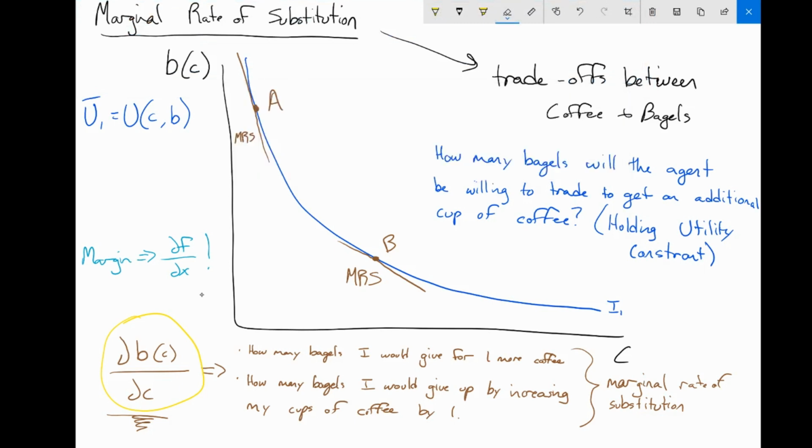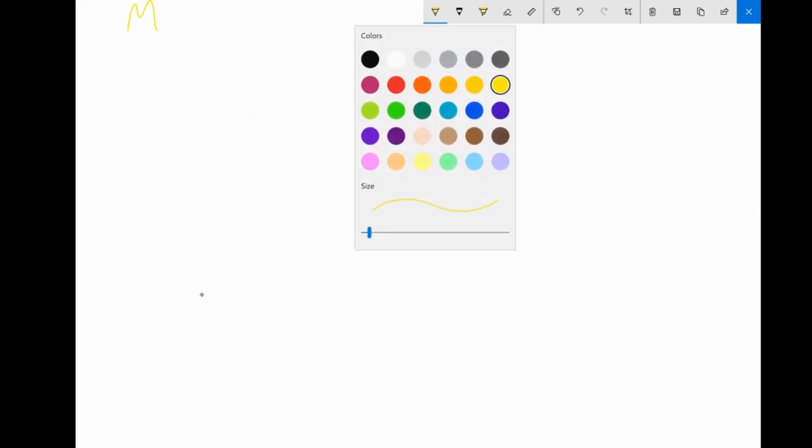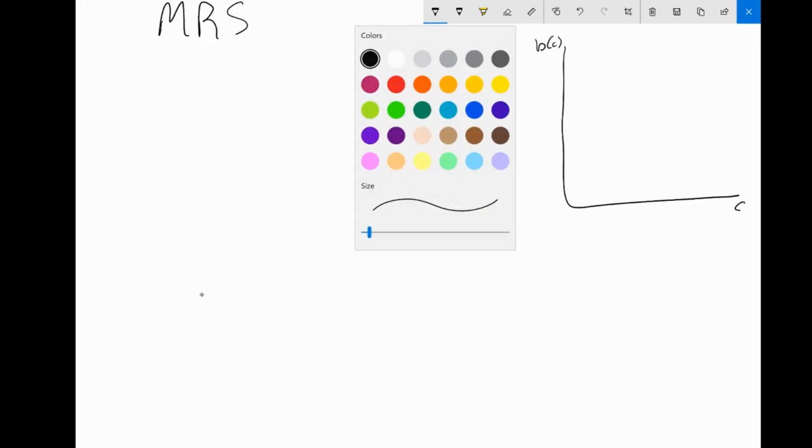All right, so then let's clear this off. Now I want to derive the marginal rate of substitution. I'm going to draw the graph up here in the corner just so we keep it in mind: coffee, and bagels as a function of coffee. All right, the indifference curve.